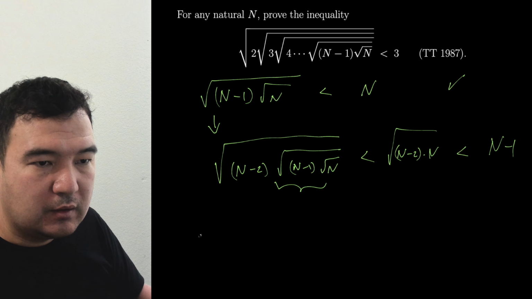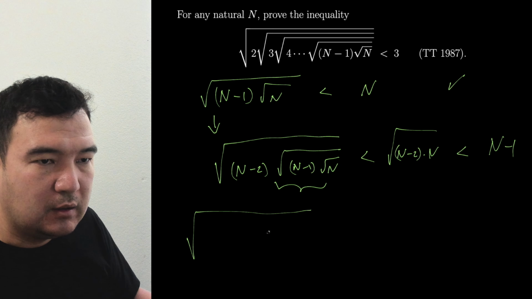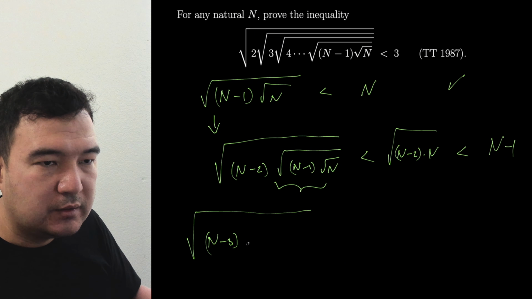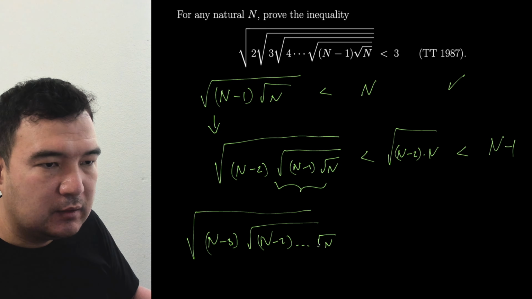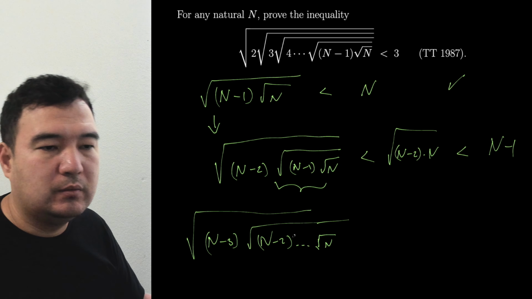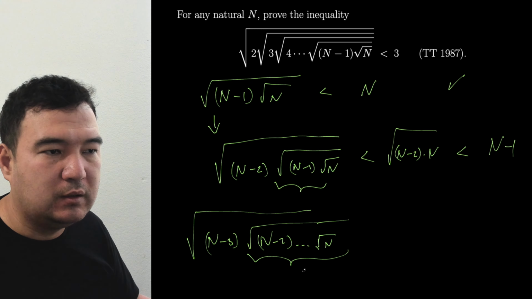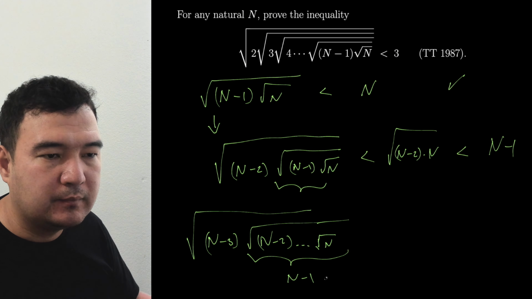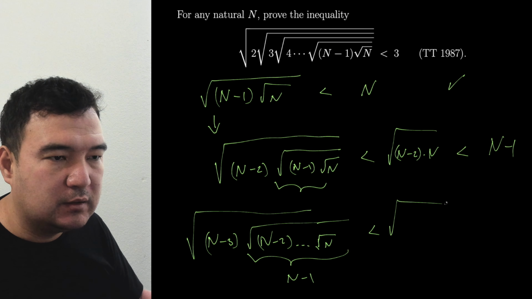If we just keep going like this, let's do the n minus 3, square root of n minus 2, and so on up to square root of n. This part is going to be less than n minus 1, and then I would say that this expression is less than n minus 3 multiplied by n minus 1.